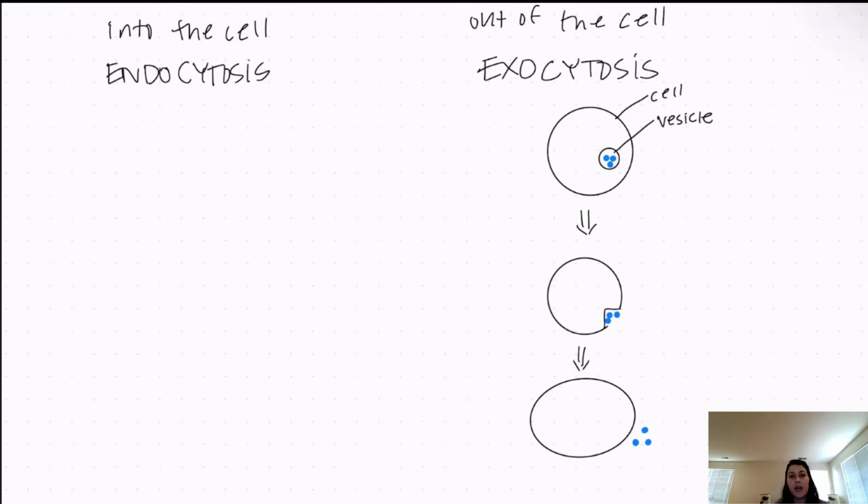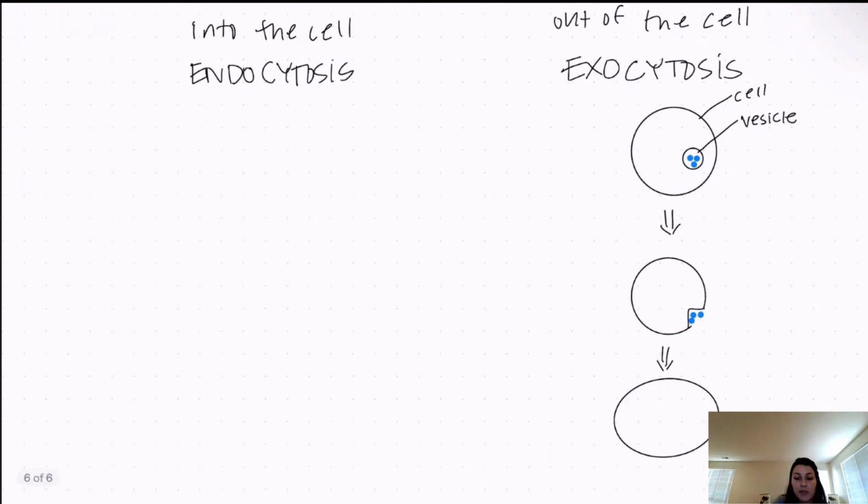Endocytosis is the reverse, bringing something into the cell. We have 2 types of endocytosis. We have pinocytosis. Pinocytosis is like cell drinking.